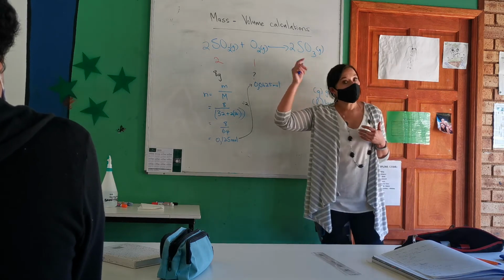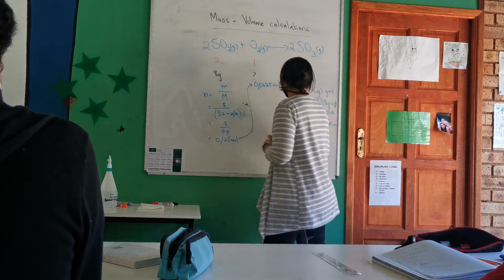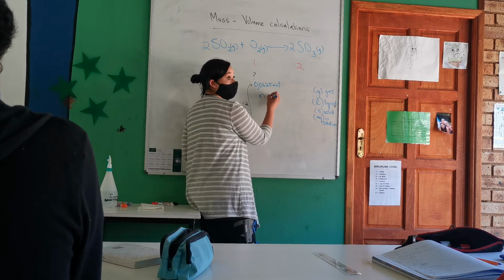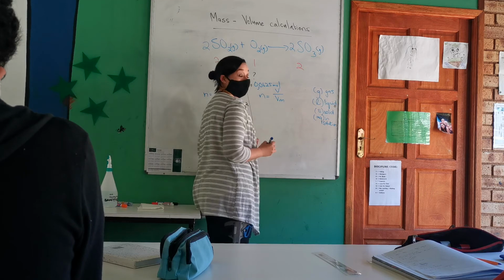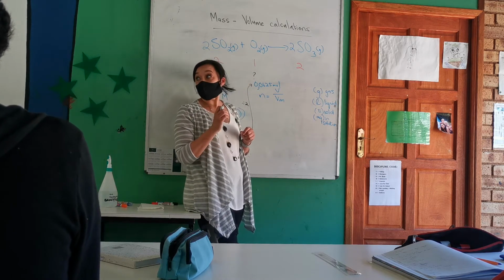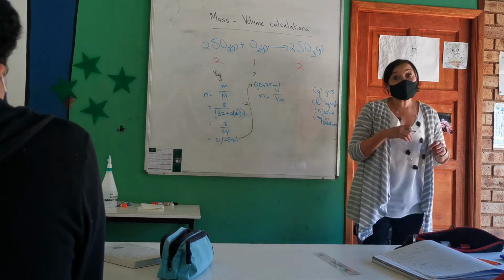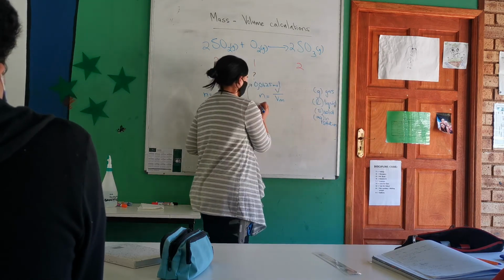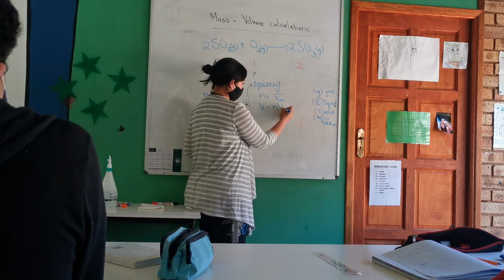Because we're dealing with a mass to volume calculation: mass to moles, ratio, moles, back to volume. I'm going to use the equation that I just put up on the board, the one that says the number of moles is equal to the volume over the molar volume. I have the number of moles, and I have Vm because that's a constant, which means I can calculate the volume. I'm going to rearrange this: V is equal to n times Vm.